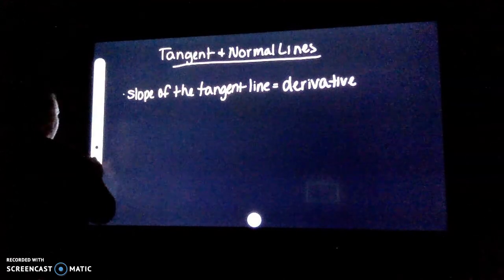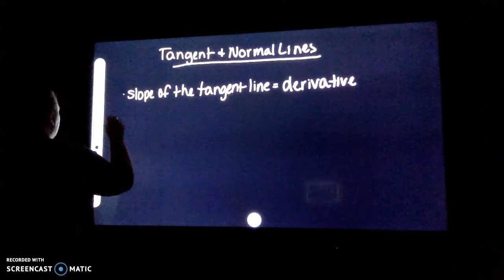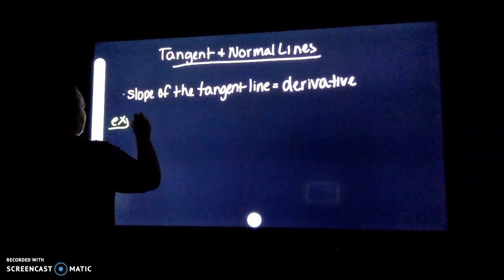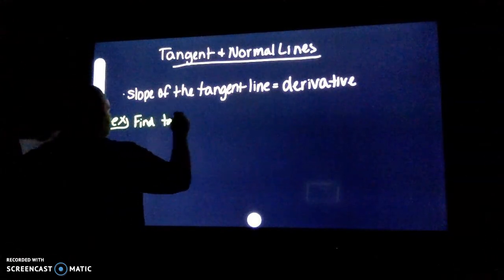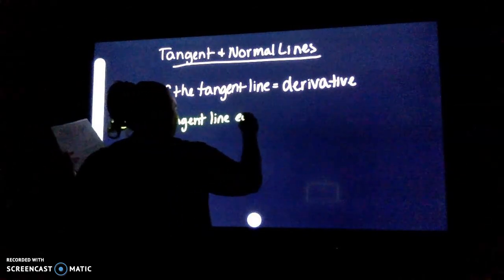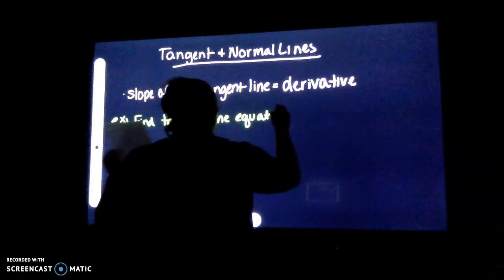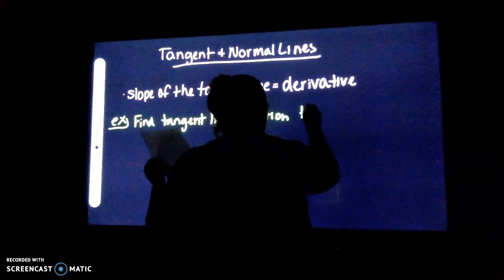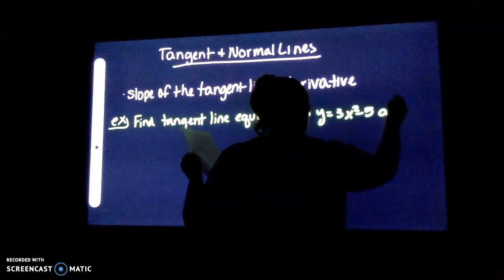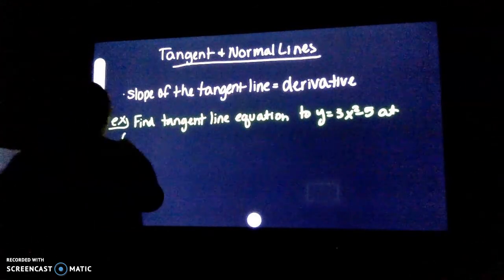So we're going to jump right into an example because I honestly believe that's the best way to do this. The example is, I would like to find the equation of the tangent line to the curve y equals 3x squared minus 5 at the point (2, 7).